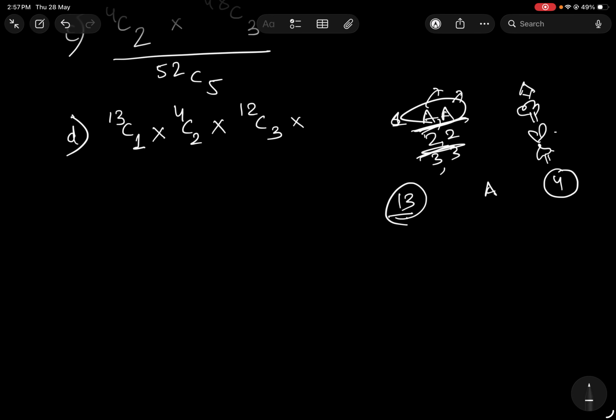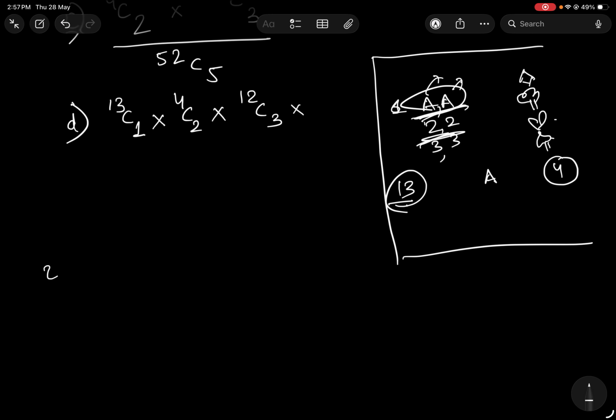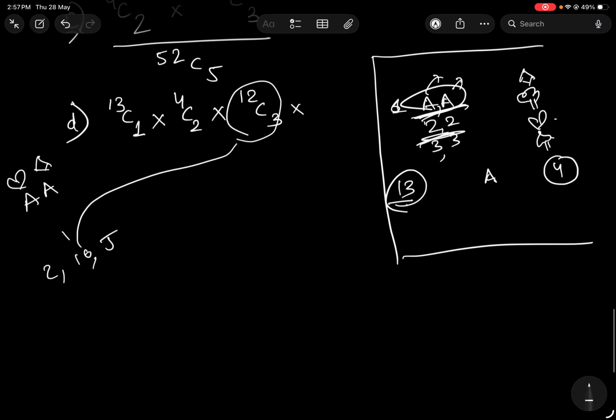And once I have chosen those three, say I get two aces, say of hearts and of clubs, and then I get a 2, a 10 and a jack from those 12 numbers, 12C3.